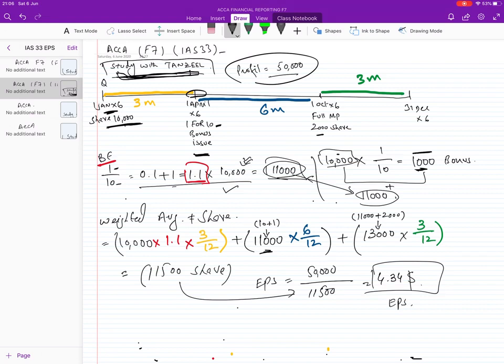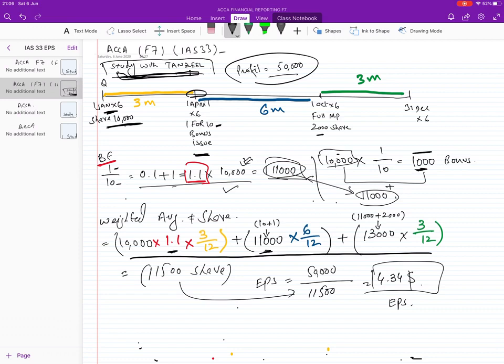This is the way you need to calculate the EPS. The main bit is this: 10,000 shares they were having before from January till March, and then we need to take effect for the bonus fraction, which we did here.